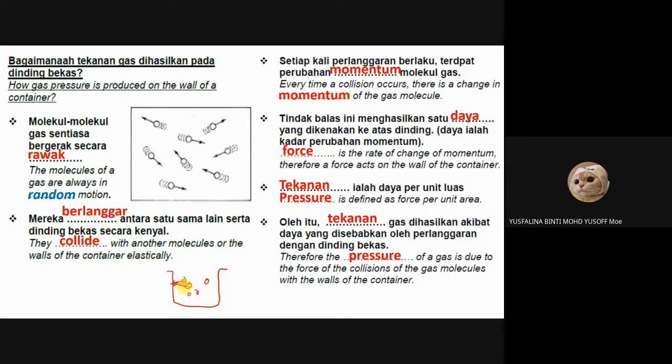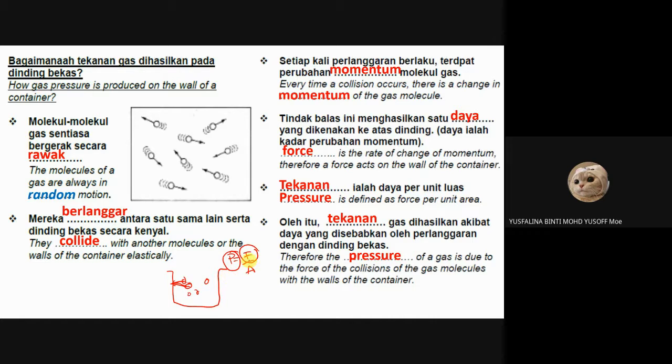Every time it hits the wall, it produces a change of momentum, or you can say impulse. The impulse produces a force at the wall. You already know that pressure is force divided by area, so whenever force is produced, there will be pressure too.